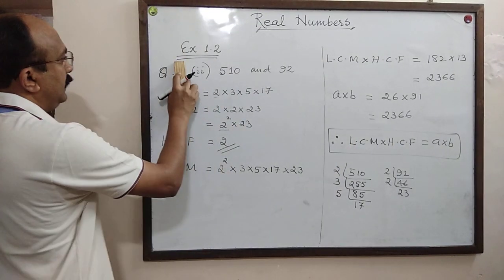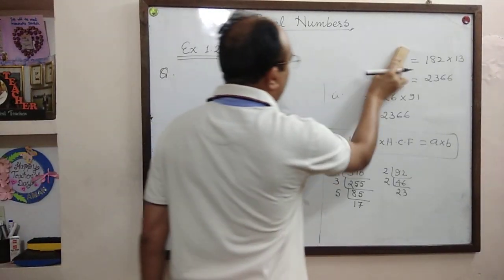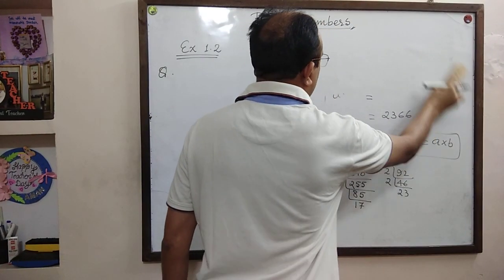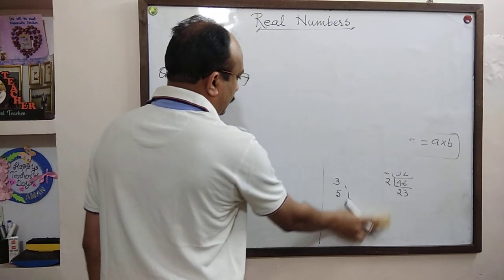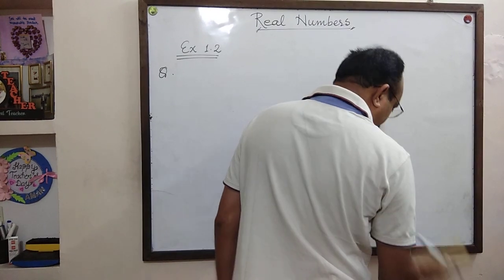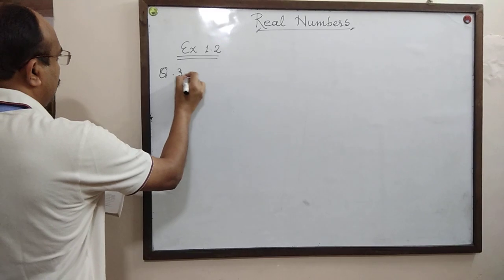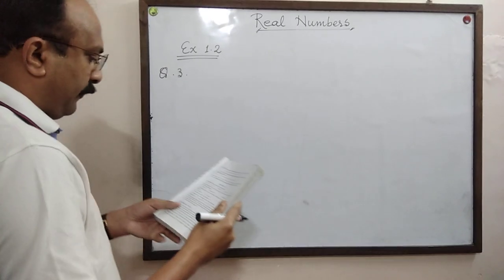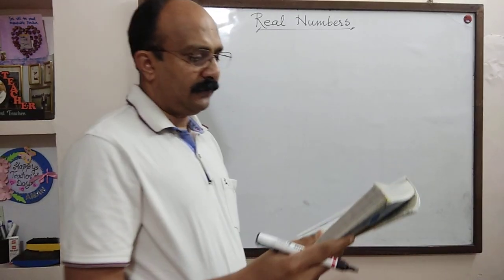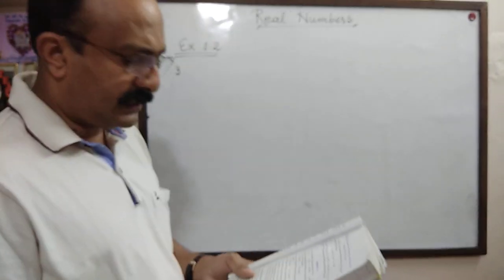Now question number 3. Find the LCM and HCF of the following integers by applying the prime factorization method.